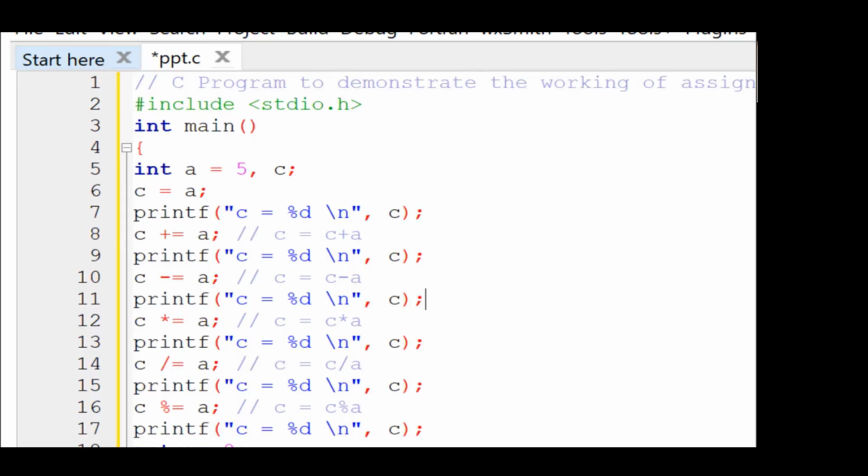So that is the reason why I explained that since c at line 14 is 5, if it is divided by a, which is 5, even though that will give us 1 as the answer, the remainder, which is the modulus, is 0. Is that clear now? Yes, please.